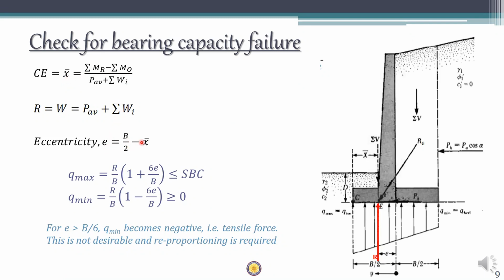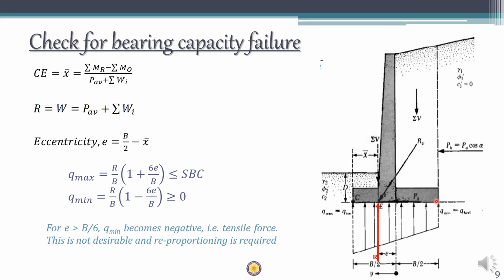So this Q max should always be less than or equal to the SBC of the site condition, and Q minimum should always be greater than 0. What this means is that the pressure is always compressive. There cannot be any tensile force. If tensile force comes at the bottom of the footing, there is a chance of creating cracks.